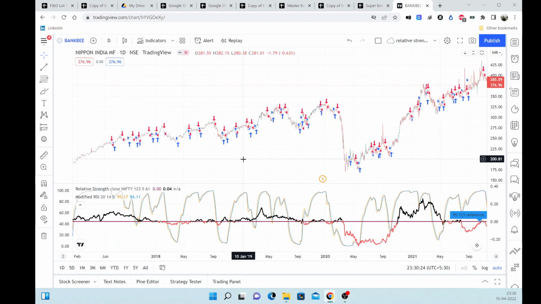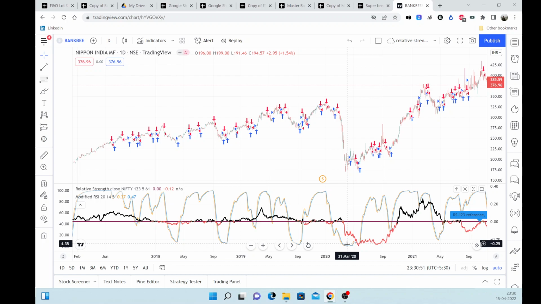You need to bear in mind that when this RSI goes down, it doesn't mean the stock is going up. It also means the stock may be going down. While the stock is on a downtrend, it can be oversold or overbought.